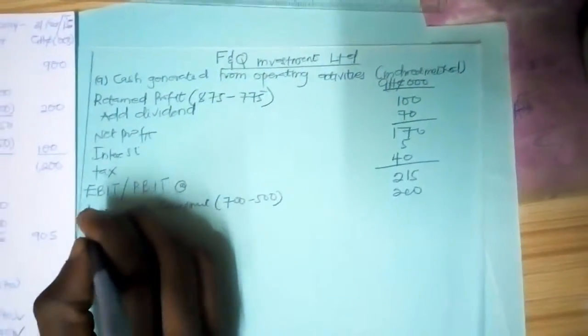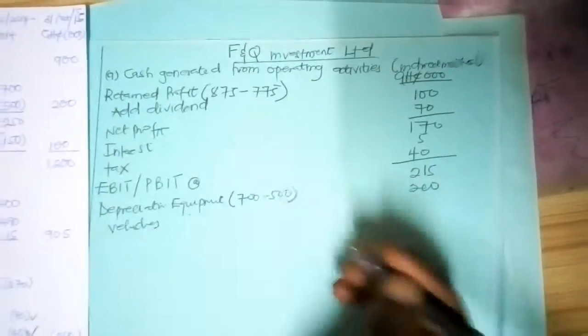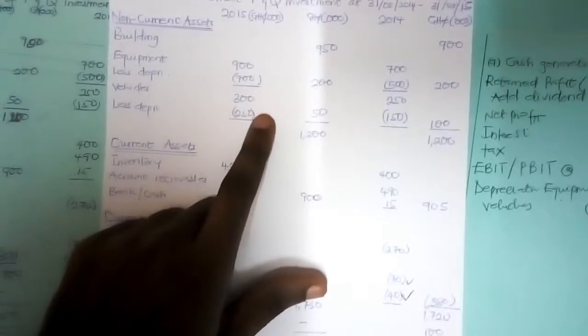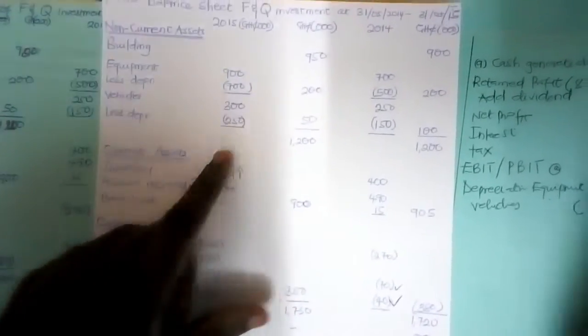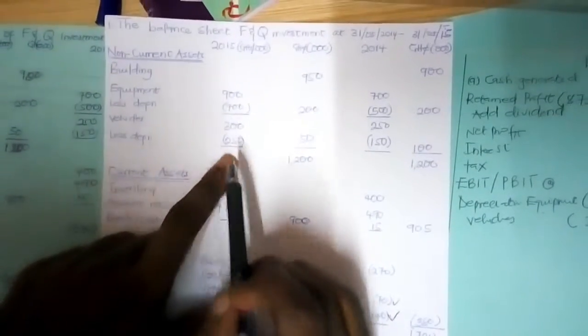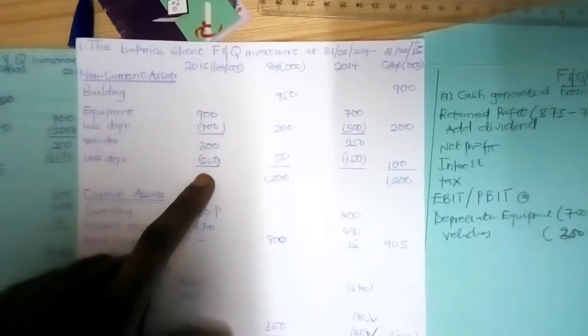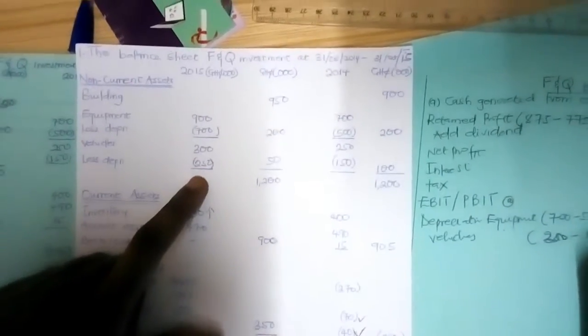You do the same for vehicle. The current year is 300 minus the previous year, 250. You have 250 minus 150, which will give us 100.